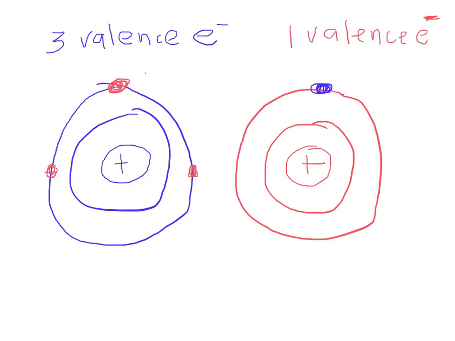Although this could still conduct electricity, the movement is limited because, aside from having 3 electrons in the same energy level, we also have a greater number of negative charges attracted to the positive center.